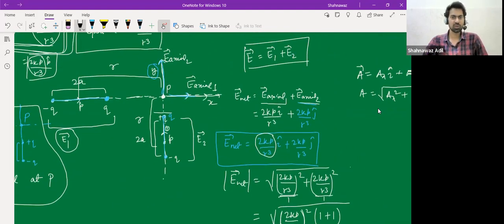So in this question, you guys have to remember two things: what is the electric field at the axial point, and what is the direction. These two are the important things in this question, and if you know that, this question will be easy for you.